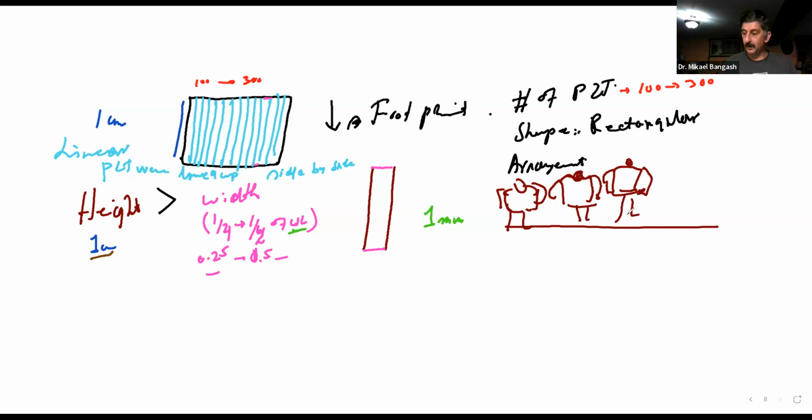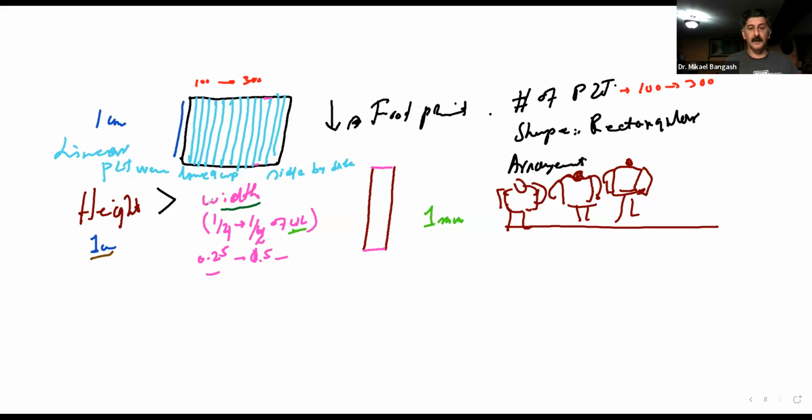Did you girls get that? So please, girls, keep in mind that here we are not talking about the thickness of the PCG related to the wavelength, but it is the width of the PCG, the shoulder to shoulder dimension, or side to side dimension.